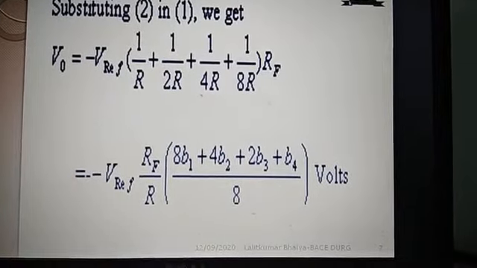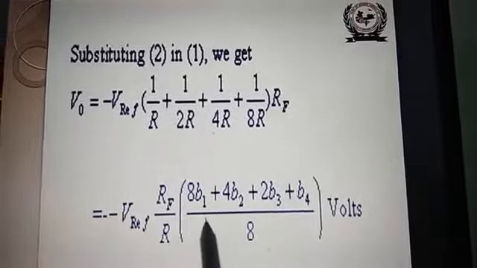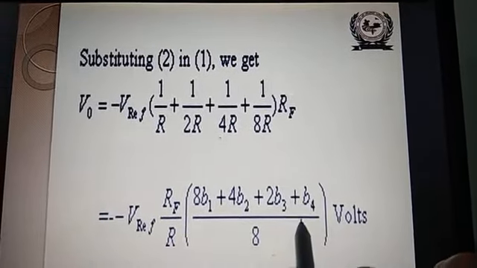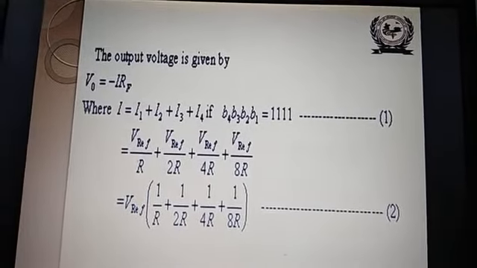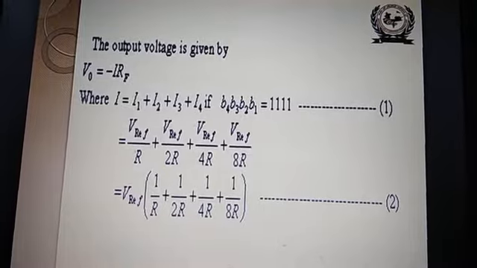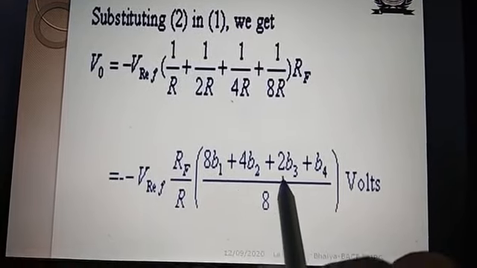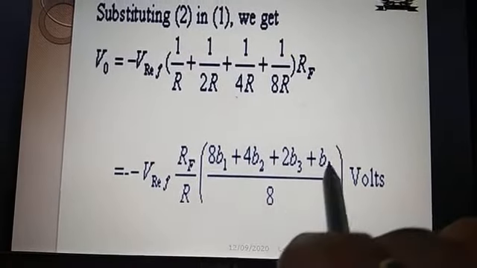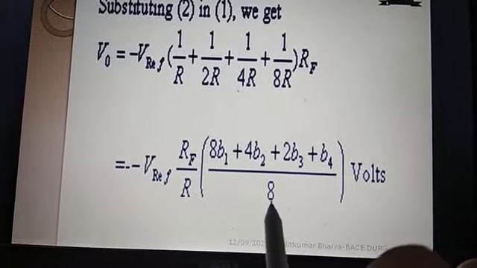So this is the binary analog equivalent of any particular digital input. Let us say I can put 0, 1, 0, 0. You can see this bit position here. B1 is the LSB, and B4 is 0. So 0, 1, 0, 0, that is 2 by 8.